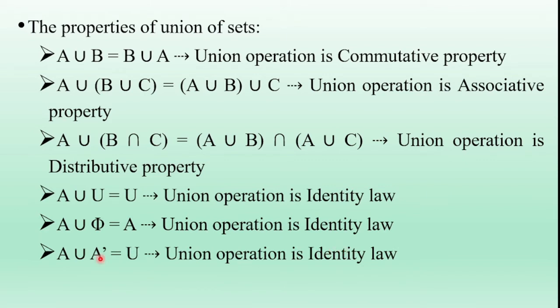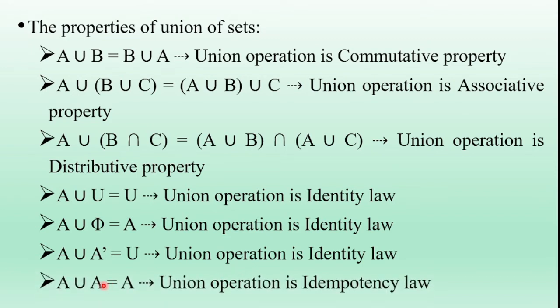A union A bar, where A bar is the complement of set A, A union A bar is equal to universal set. A union A is equal to A. So these are some important properties of union of the sets.